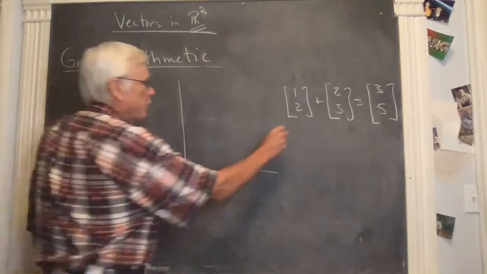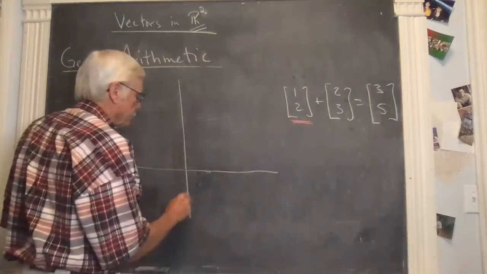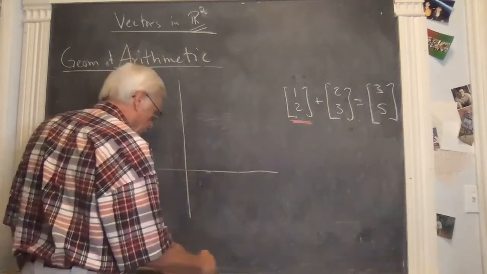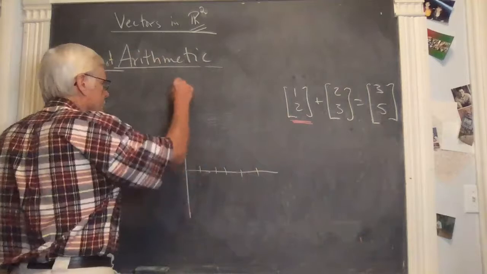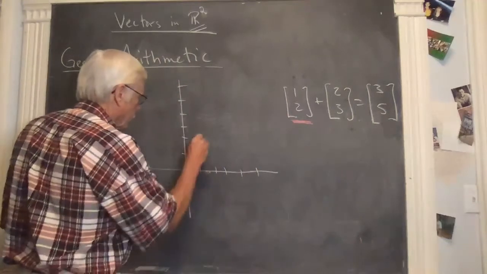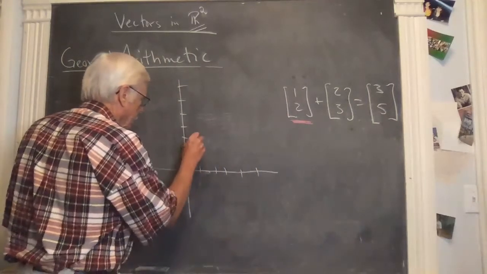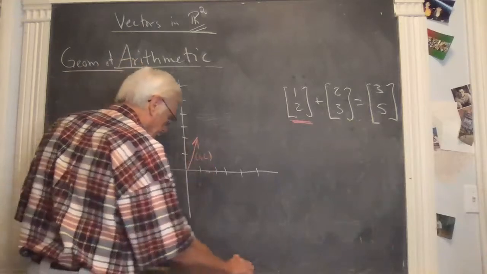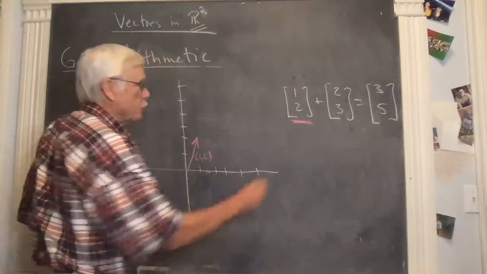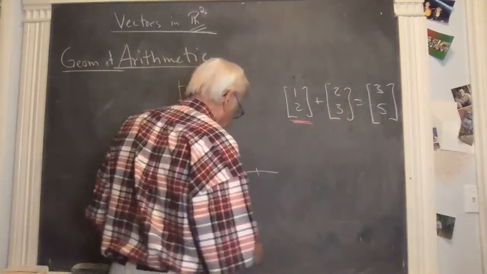So we'll begin by putting 1, 2 in standard position, over 1, up 2. So here is the vector 1, 2. We want to add to that the vector 2, 3.